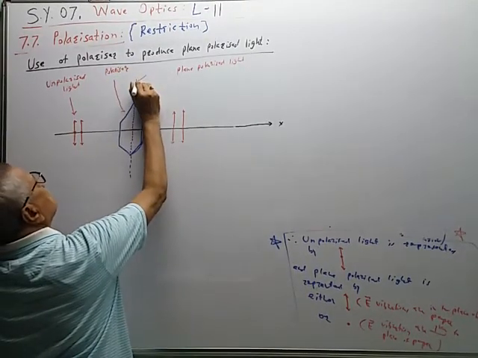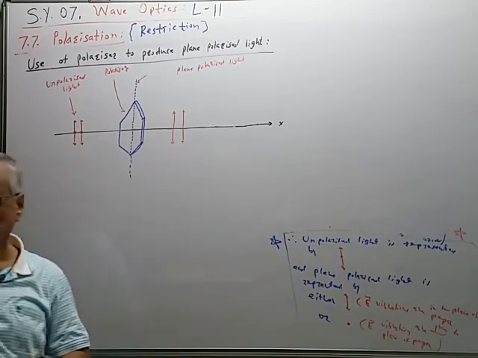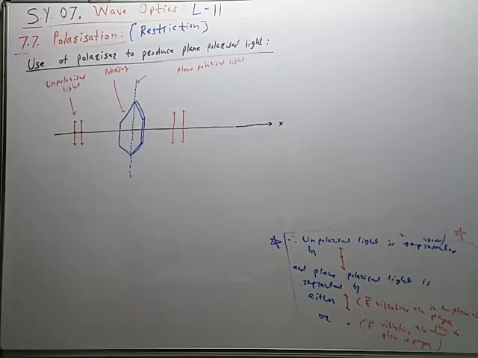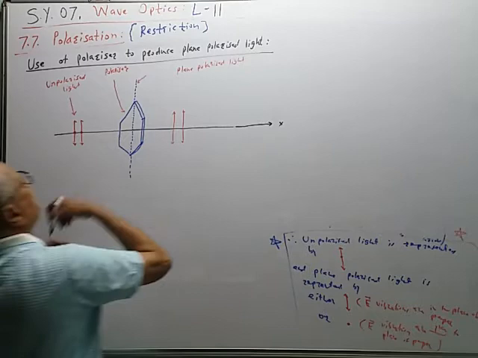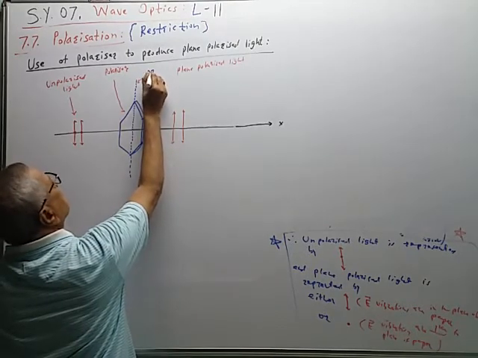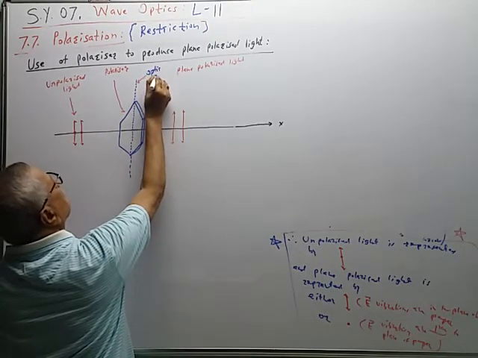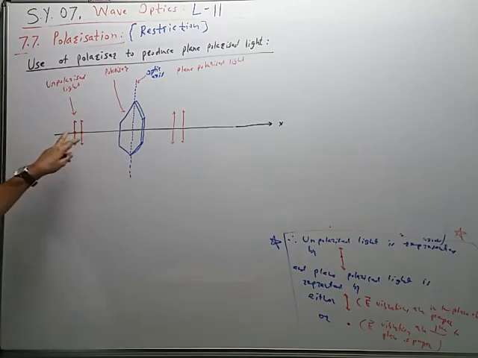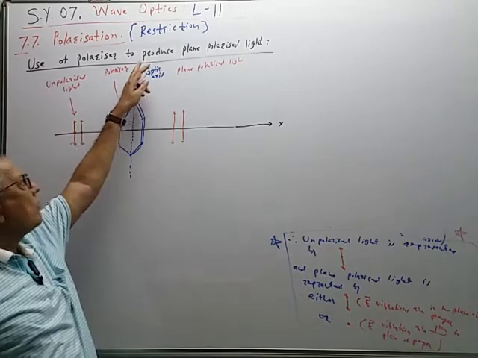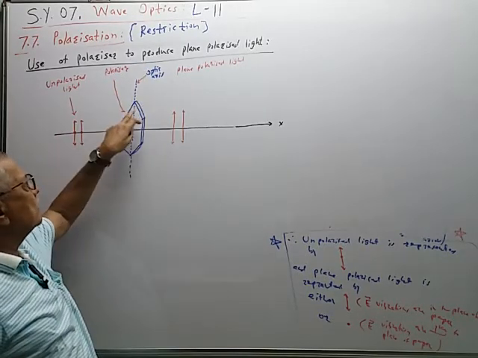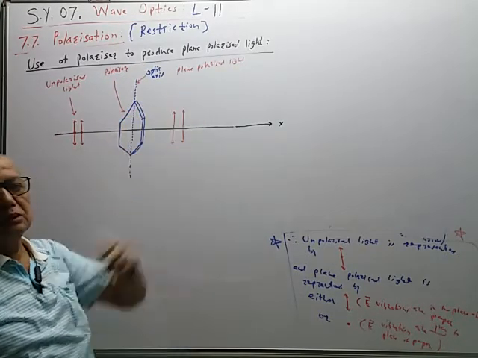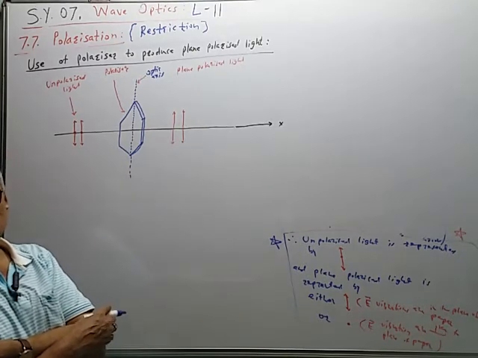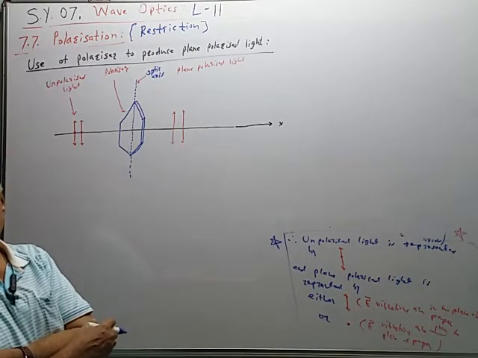This is the polarizing axis, or it is called the optic axis. So by passing the unpolarized light through a polarizer, we can produce plane polarized light. So this is the method.